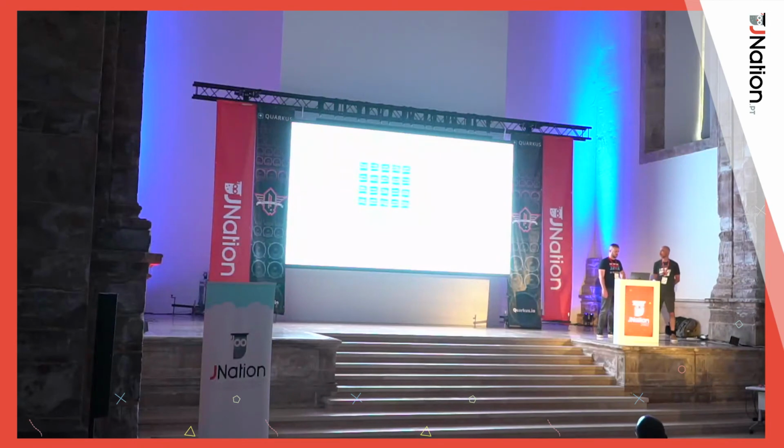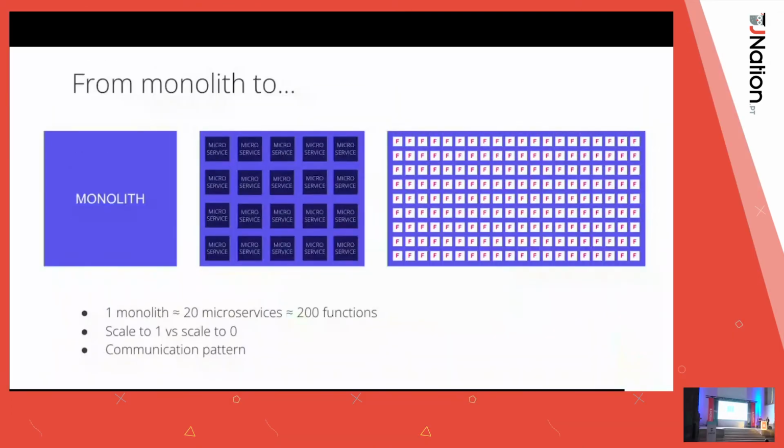So why are we talking about trying to reduce the memory usage and startup time? This is because nowadays, when you deploy your applications, you deploy them on the cloud. And when you deploy them on the cloud, these things matter because they end up being costs. Traditional applications used to be monoliths, and when we made the move to microservices, we replaced a monolith with about 20 microservices, or at least dozens of them.